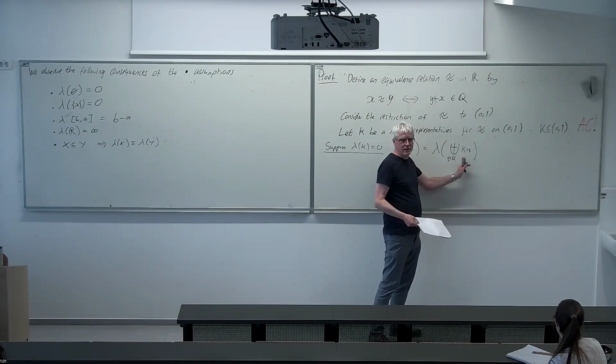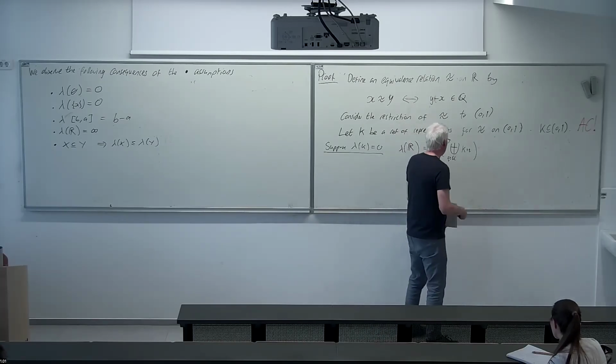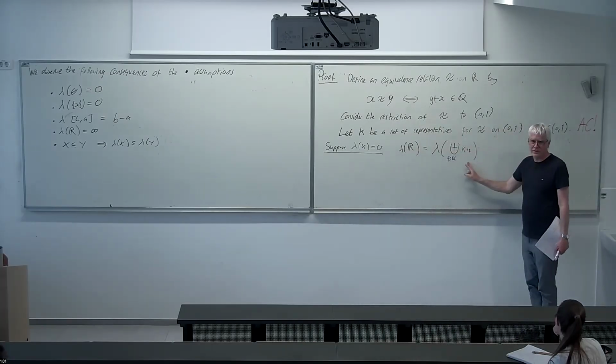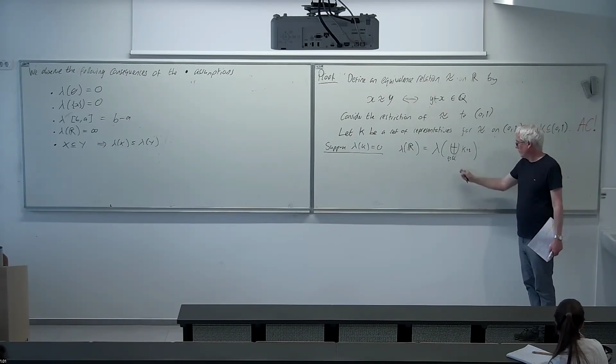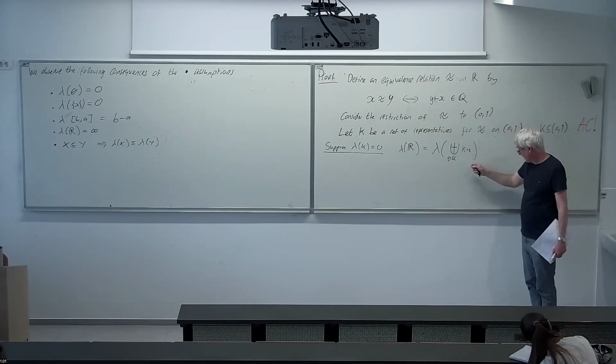But in fact, there's a unique such element, because if there were two, they would differ from each other by a rational, and they can't both be representatives for the same equivalence class. So that basically is an argument that this disjoint union holds. Every real number is in exactly one of these sets.